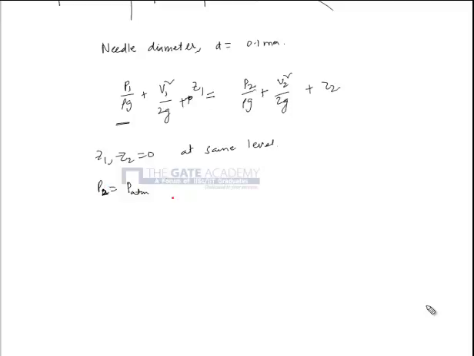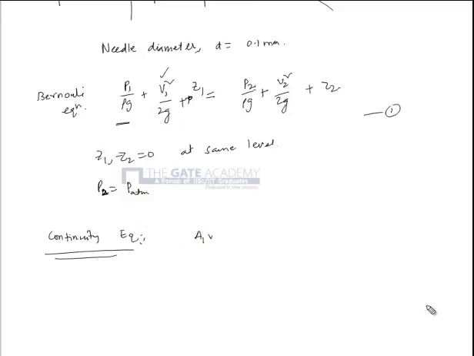I know the velocity V1, but V2 I don't know. So how do I find V2? Apart from Bernoulli's equation, I need to use the continuity equation, because I need to find the velocity of the jet that comes out from the needle.